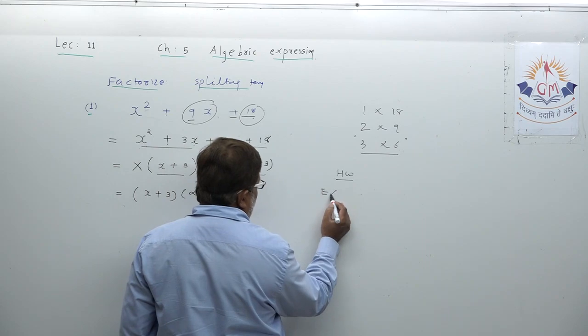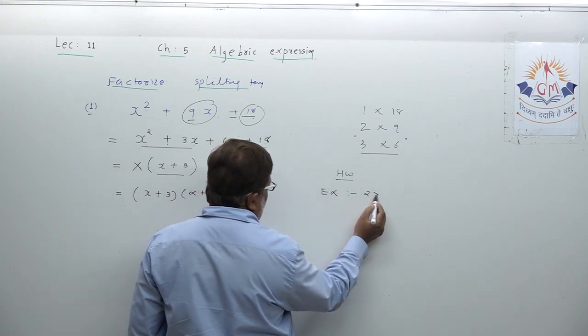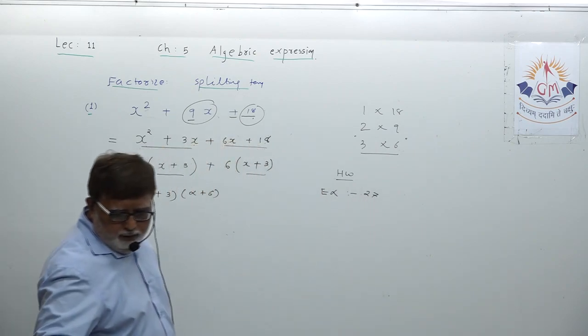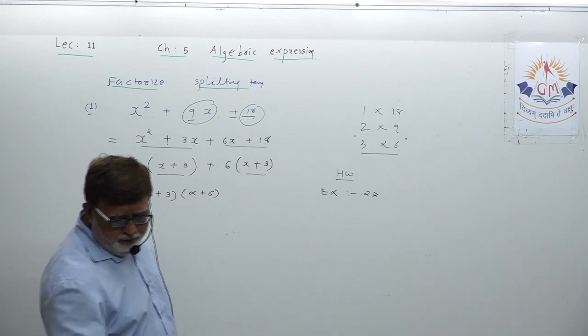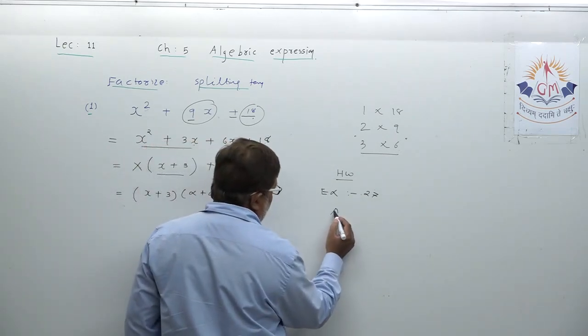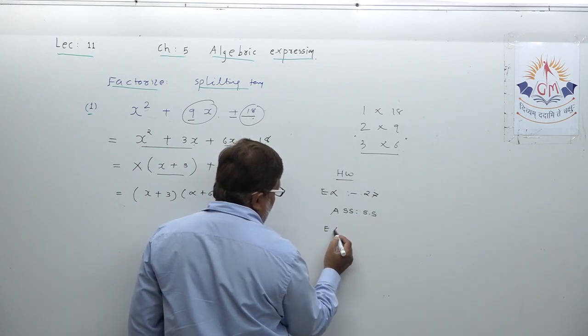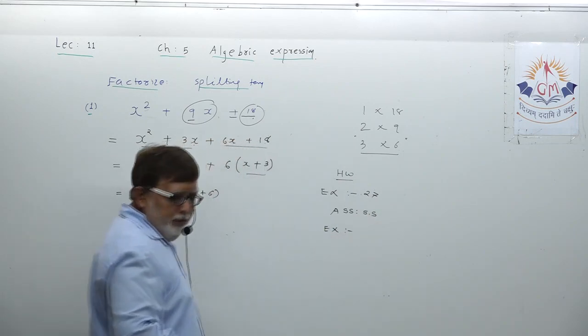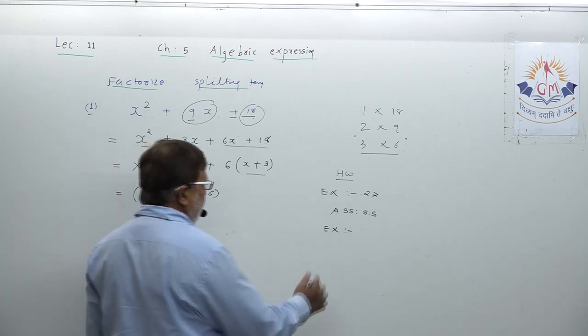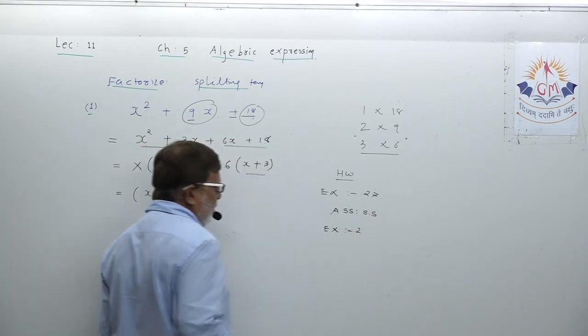Example means, dear student, illustration, no? 27. From assignment 5.5 you will do example number 2. This is your homework. Please quickly note down.